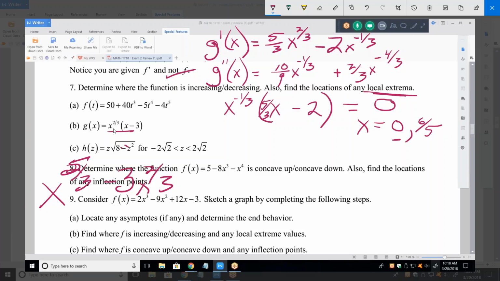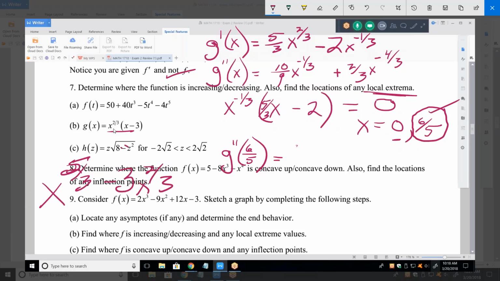So we have to use the first derivative test on that one. Okay, but let's check this one. As long as we're here, let's figure out what g double prime of 6/5 is. If it's positive or negative, then we'll be able to tell for sure if that's a local extrema.